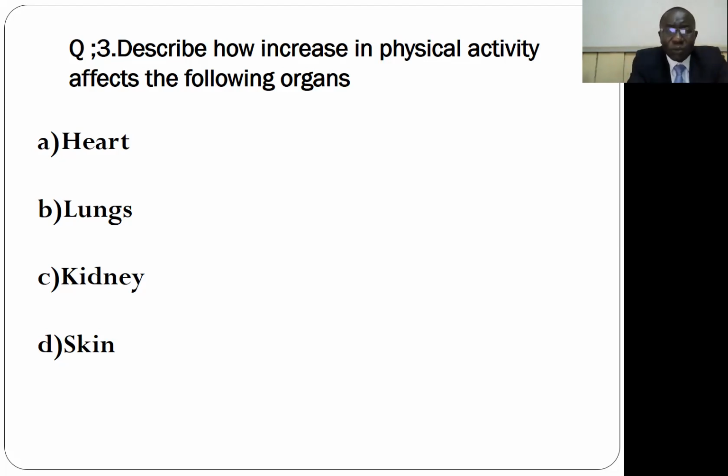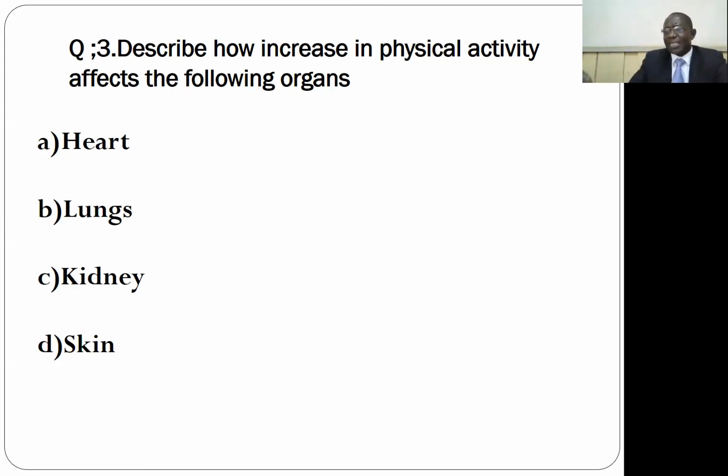So you may find a student who is only conversant with part A, how increase in physical activity would affect the heart. But this particular candidate may not be conversant with part B, how increase in physical activity may affect the lungs, may not be conversant with how it would affect the kidney or the skin.